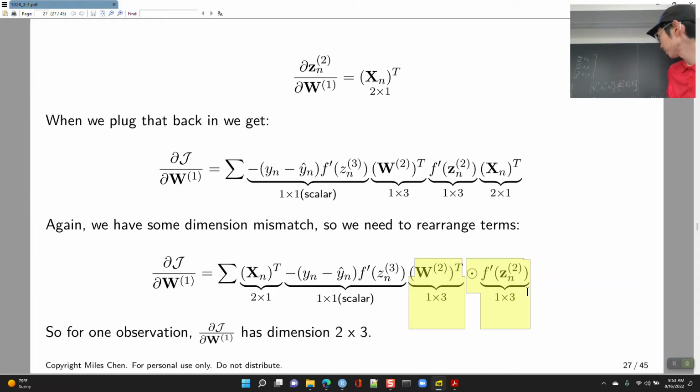Okay, so that preserves the 1 by 3 nature of that product.